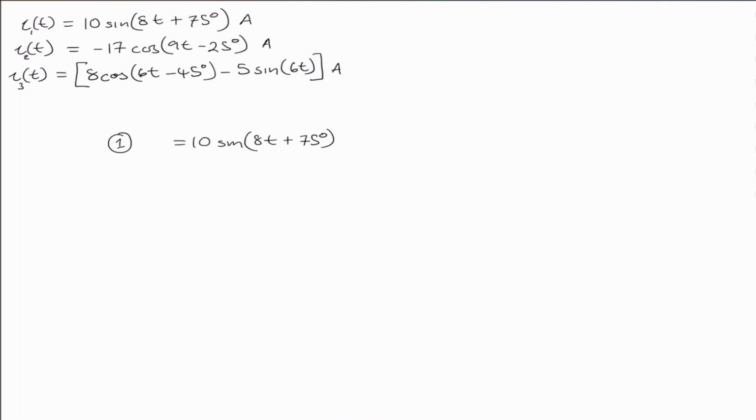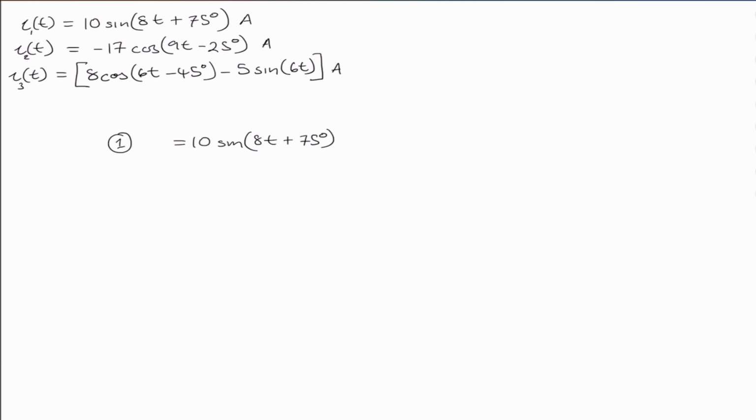Here we have our sinusoidal current in the sine form, and when we're working in the phasor domain, we adopt the positive cosine reference. So we adopt a positive cosine, or a cosine with a positive amplitude.